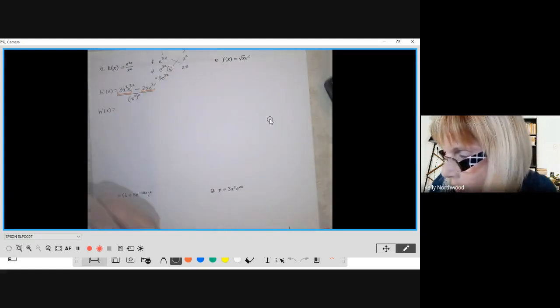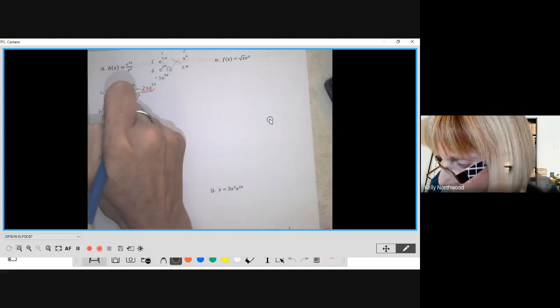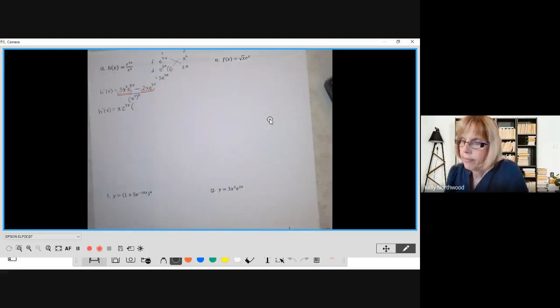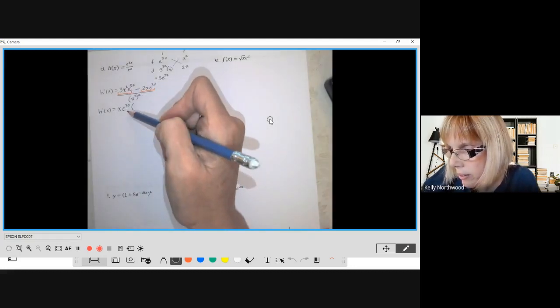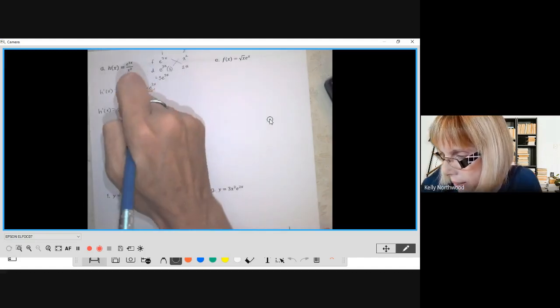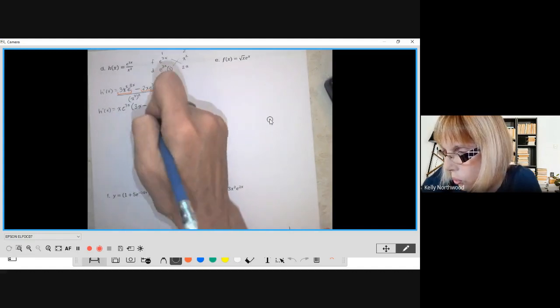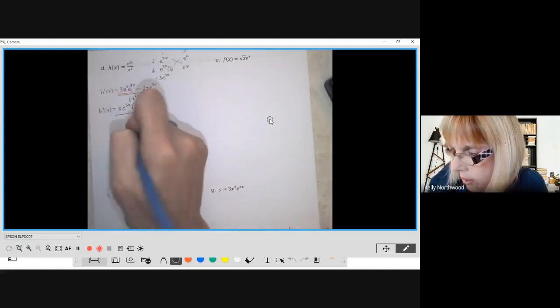Three and two, no, just one's in common. x squared and x, x is in common, and e to the 3x is in common. And then if I divide 3x squared e to the 3x by x e to the 3x, I'm going to get 3x minus 2 over x to the 4th.